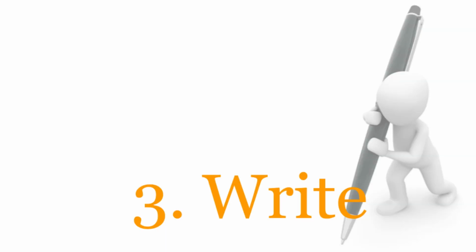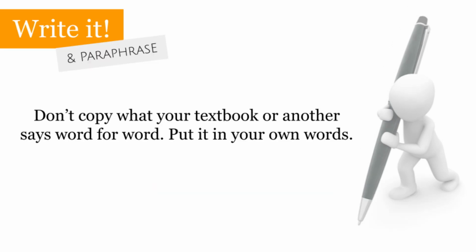Now let's talk about how you write the information in your PowerPoint. Obviously, if your teacher is asking you to create a PowerPoint, they want to know that you have learned this information. So you don't want to just copy the information straight over. You want to put it in your own words and to show that you can present this information, you have thought through this information, you understand what's happening.